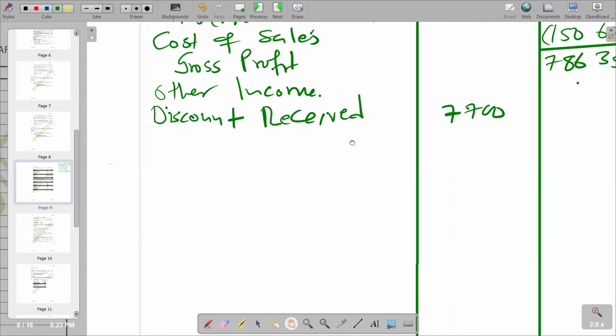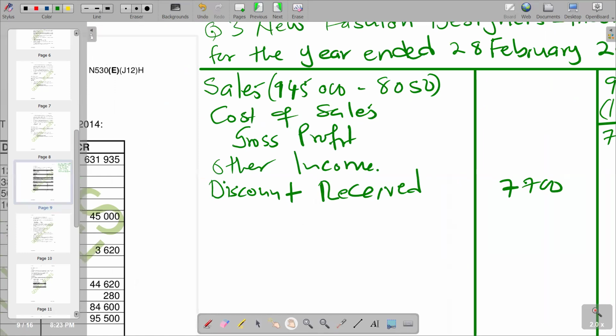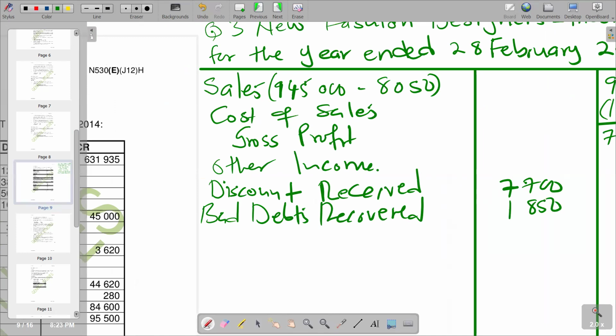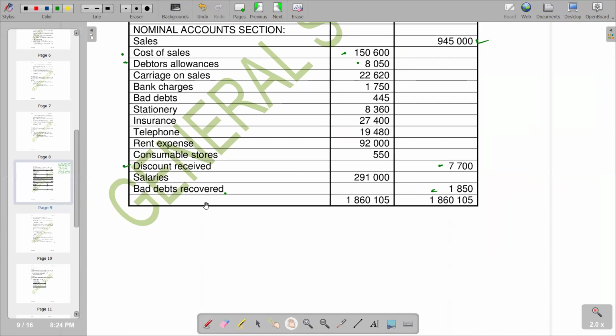So here we are saying our bad debts recovered, and then the figure that we are using there is 1,850. So this is what we get. Then we try to check again for other incomes that we can have in the question, but we see that bad debts recovered is the last item that we have.